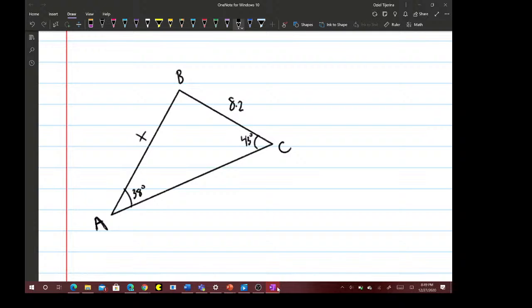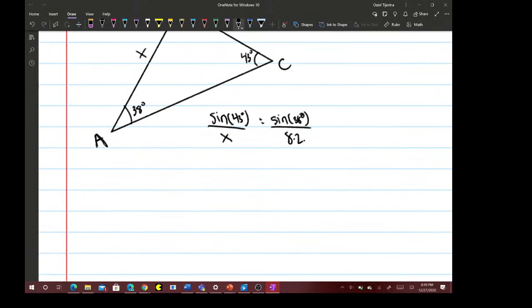And we can say that sine 43 degrees over x equals sine of 38 degrees over 8.2, okay?